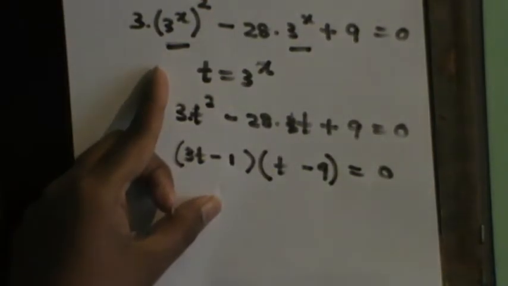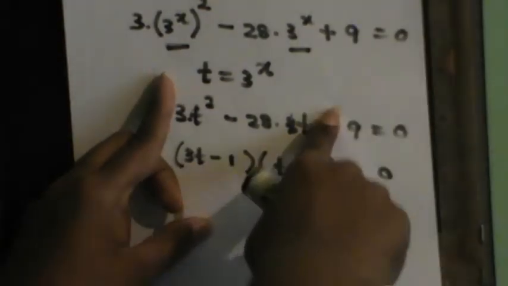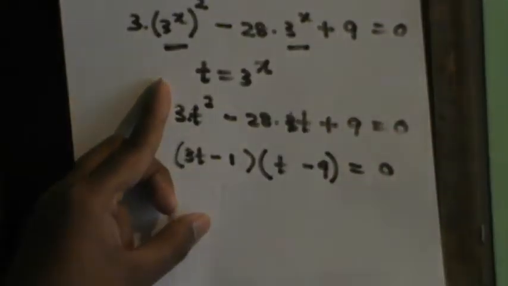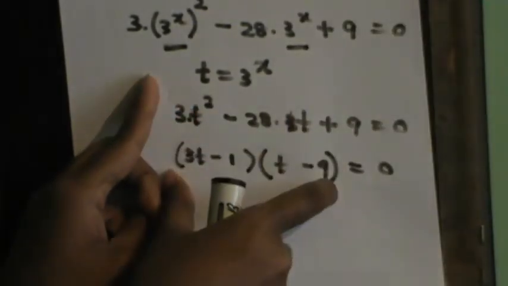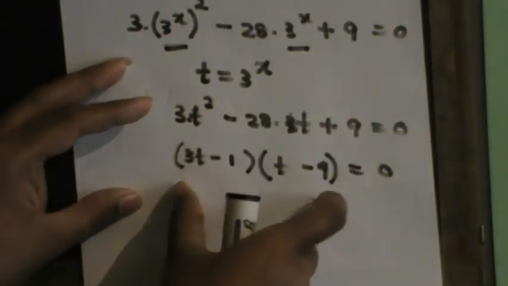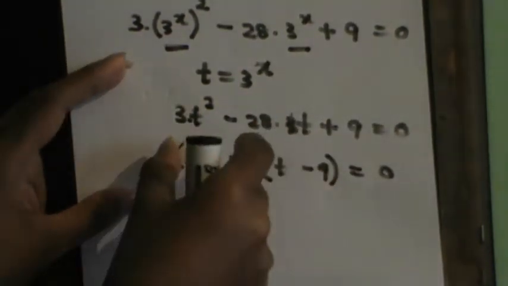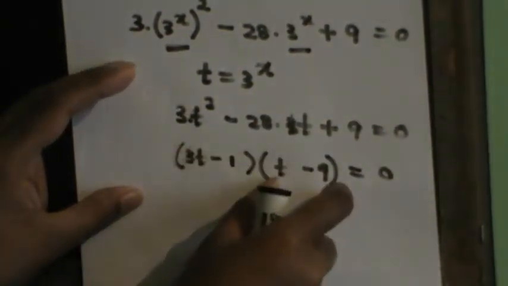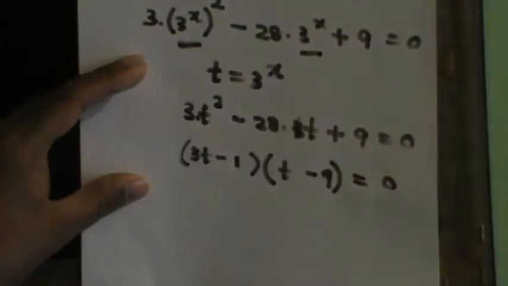Minus 1 times minus 9 is plus 9. So these are the solutions. This quadratic equation is factorized up to this format. The solutions of this equation are the solutions when I equate these individual terms inside the brackets to 0.